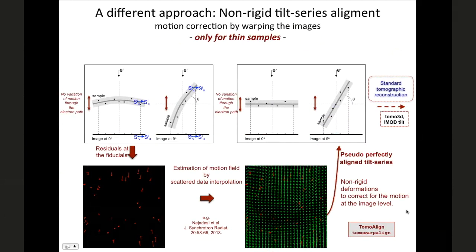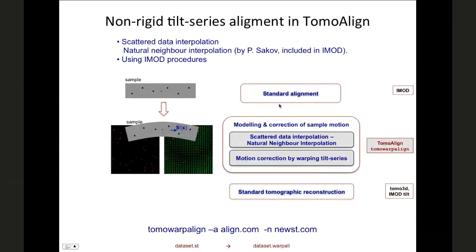The program to do that is TomoAlign. Internally, it takes the standard alignment from IMOD, computes the sample motion model, and warps the images of the tilt series, and the result can be fed to a standard tomographic reconstruction program.